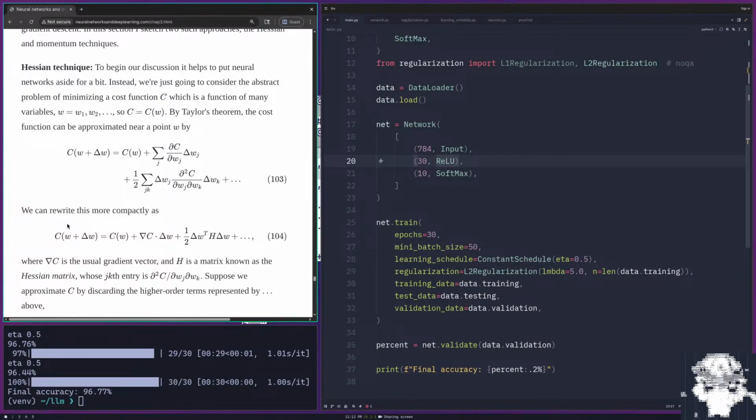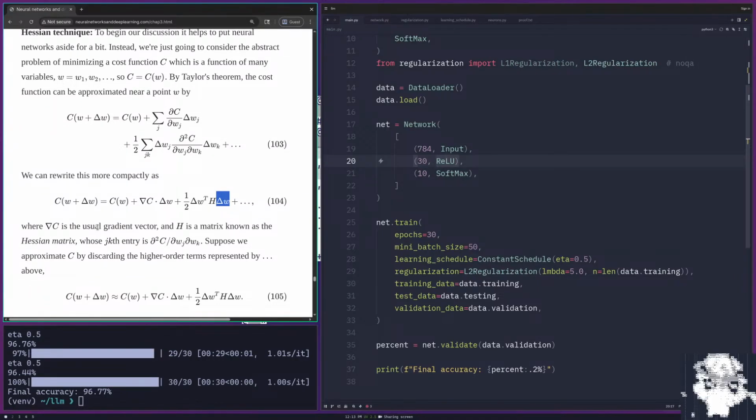We can rewrite this more compactly as C of w plus delta w equals C of w plus gradient of C dot product delta w plus 1/2 delta w transposed times H times delta w plus etc., where grad C is the usual gradient vector and H is a matrix known as the Hessian matrix, whose jkth entry is the derivative of C with respect to w j and w k.